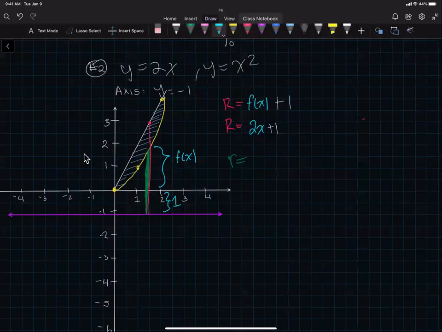Yeah, it's still f of x plus 1, right? But we have a different f. Thank you for that. We can actually call this one g if you guys want. If you don't want to call it f, that's fine. So we now know that this should be g of x plus 1. So therefore, my r is going to be x squared plus 1.